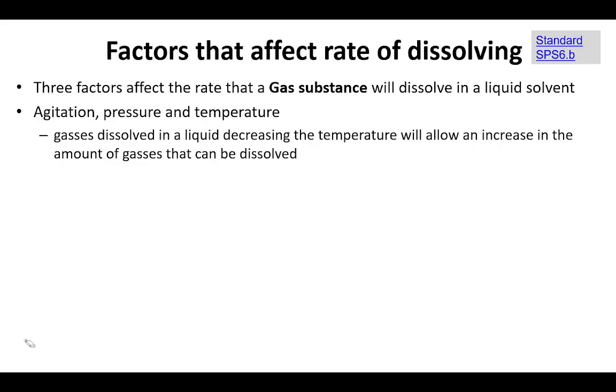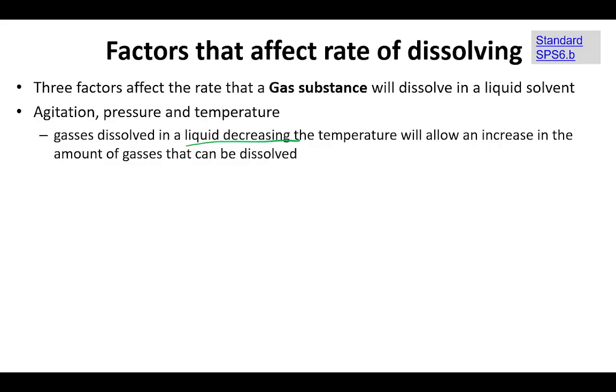Temperature. For gases, you're actually going to want a lower temperature. The reason is kind of similar. We want to decrease the temperature so that the particles hit the gas molecules less frequently. Because the more the liquid hits the gas, the more likely it is to knock the gas to the surface and the gas will escape.